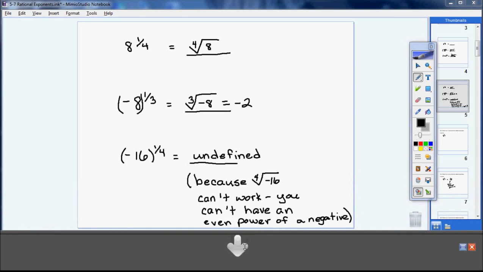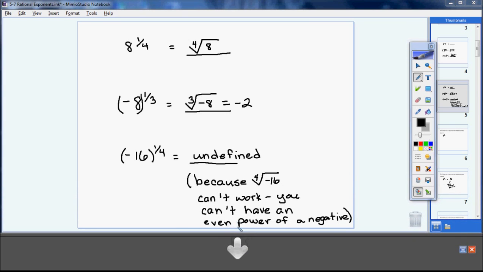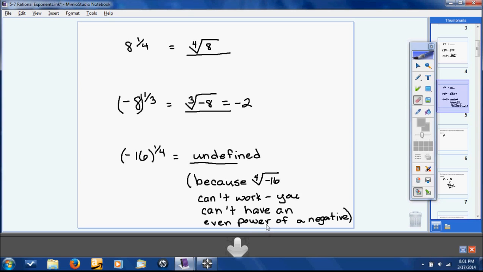It doesn't work because it is an even root of a negative number, and you can't have an even root of a negative number. So: even root, negative number, undefined.